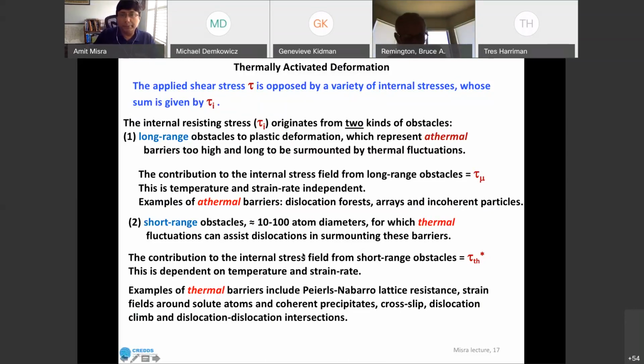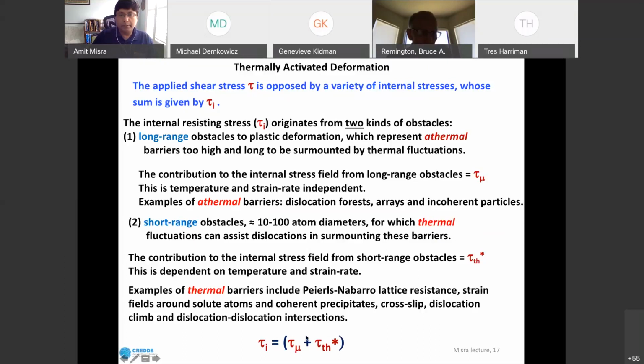So let's say the contribution from that is tau sub th star, and this is dependent on temperature and strain rate. Some of the examples of thermal barriers include Peierls-Nabarro lattice resistance, strain field around solute atoms, very fine scale coherent precipitates, and dislocation unit mechanisms such as cross slip, climb, and dislocation interactions. All of these are examples of local and short range barriers.